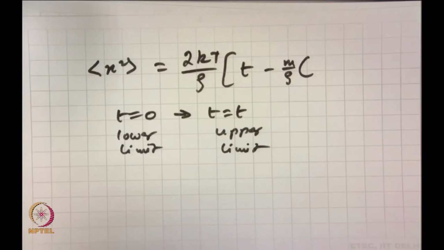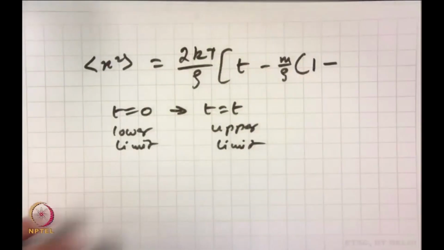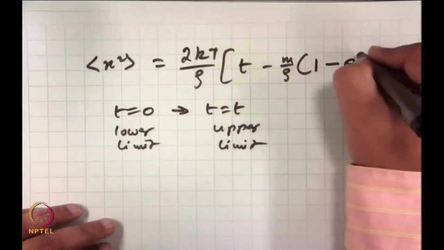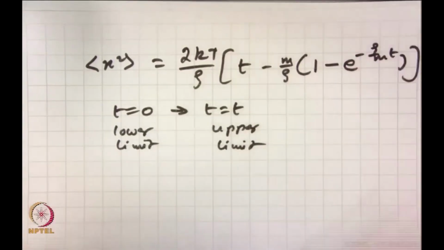So what should I have now? I should be having 1 minus e to the power minus xi by m t.